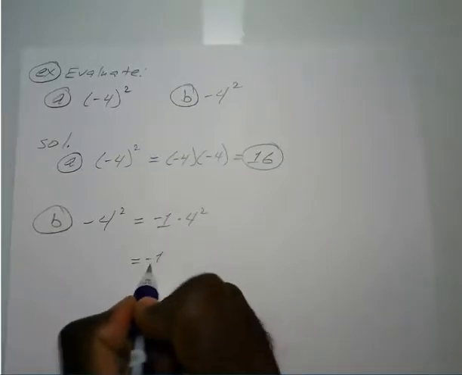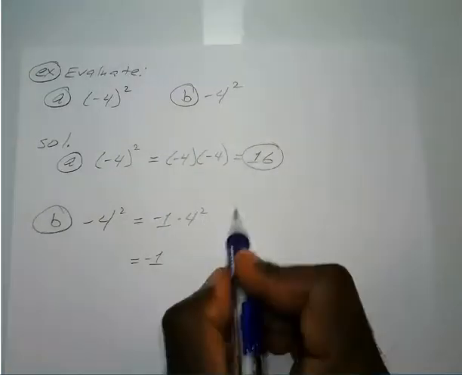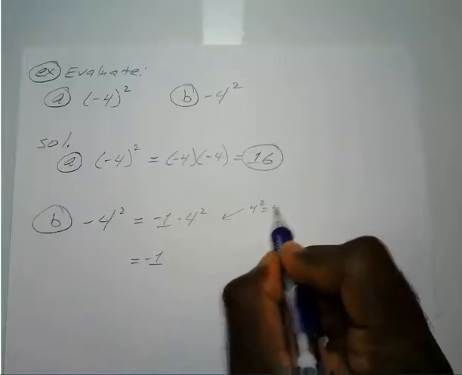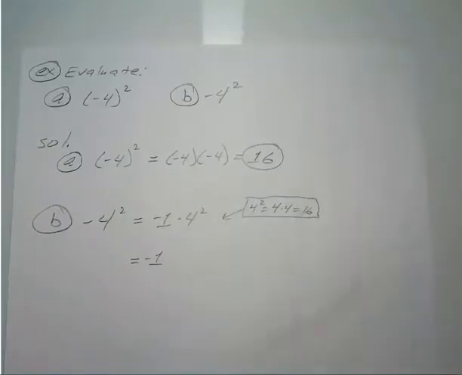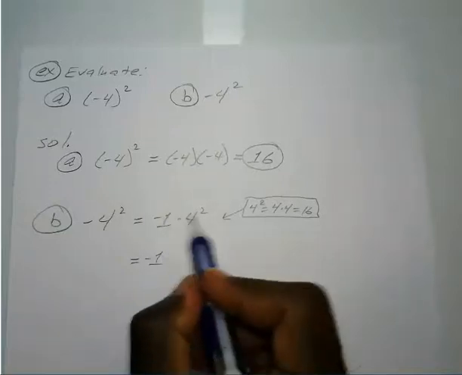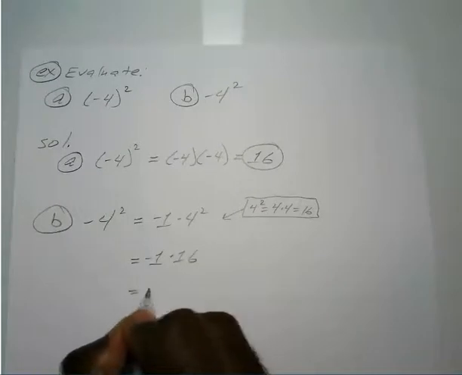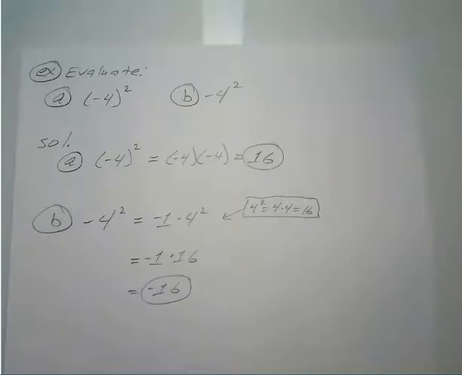So this is just -1, and 4 squared is 4 times 4, which is 16. So this is just -1 times 16, which is just -16. Okay, so be really careful when you have negatives and parentheses, because it can affect your overall answer.